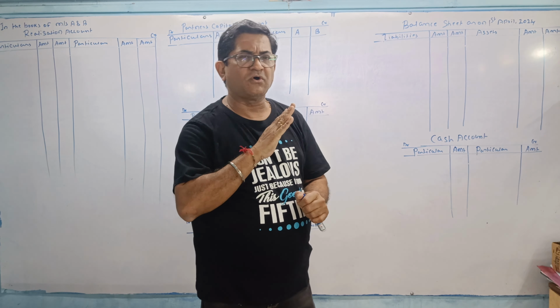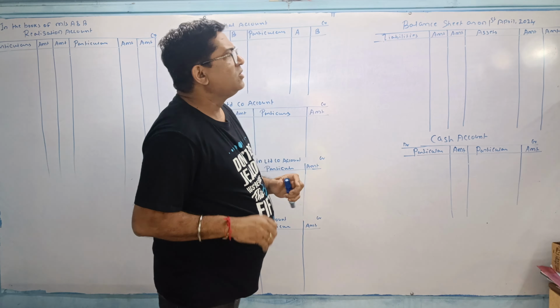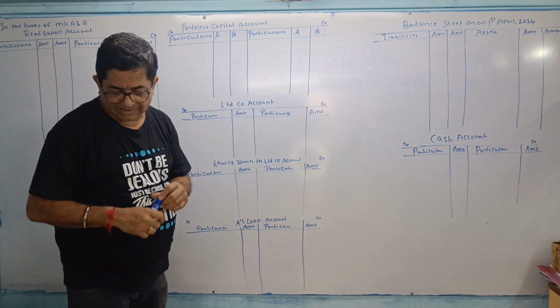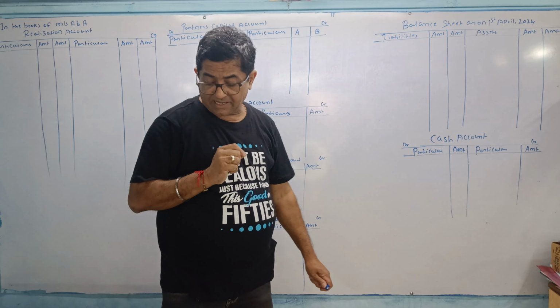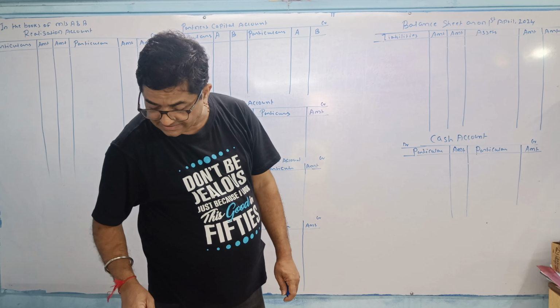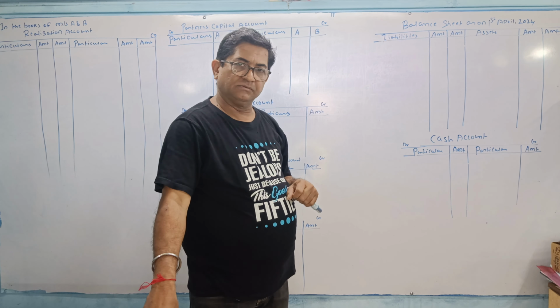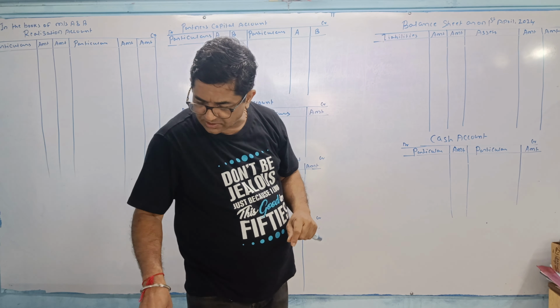So first we will transfer all assets to realization account. So our entry will be realization account debit to asset. Now see first adjustment में क्या दिया है कि fixed asset includes motor car of 8,000. So motor car को separately show करना पड़ेगा.